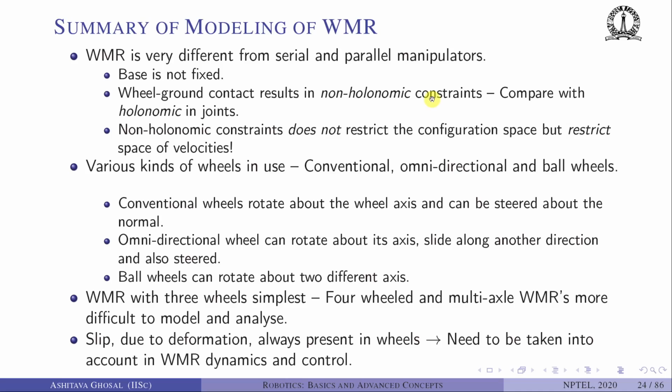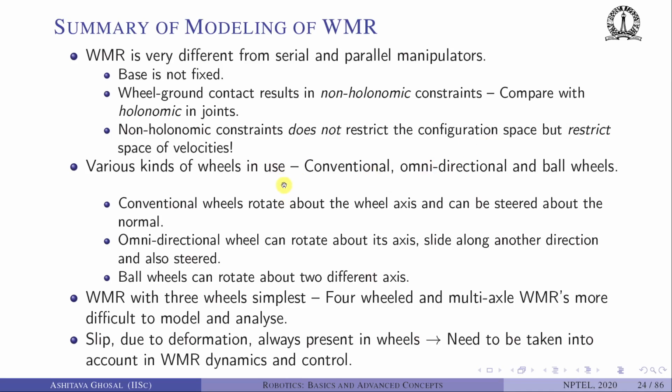There the constraints did not involve the rates of the generalized coordinates. So the non-holonomic constraint does not restrict the configuration space, it does not restrict the generalized coordinate, but it restricts the space of velocities. Okay, so there is a relationship with the derivatives of the generalized coordinates.